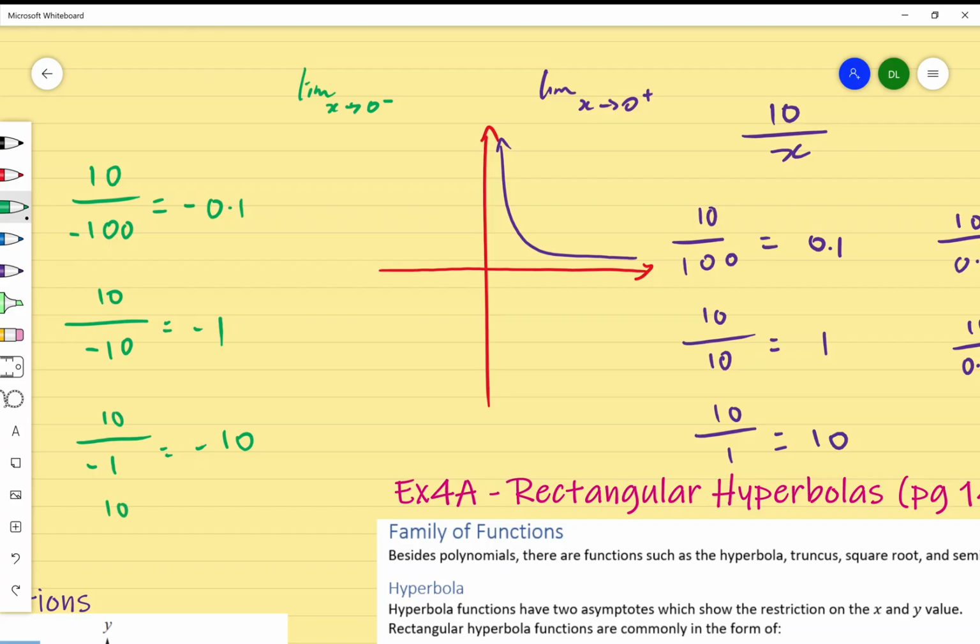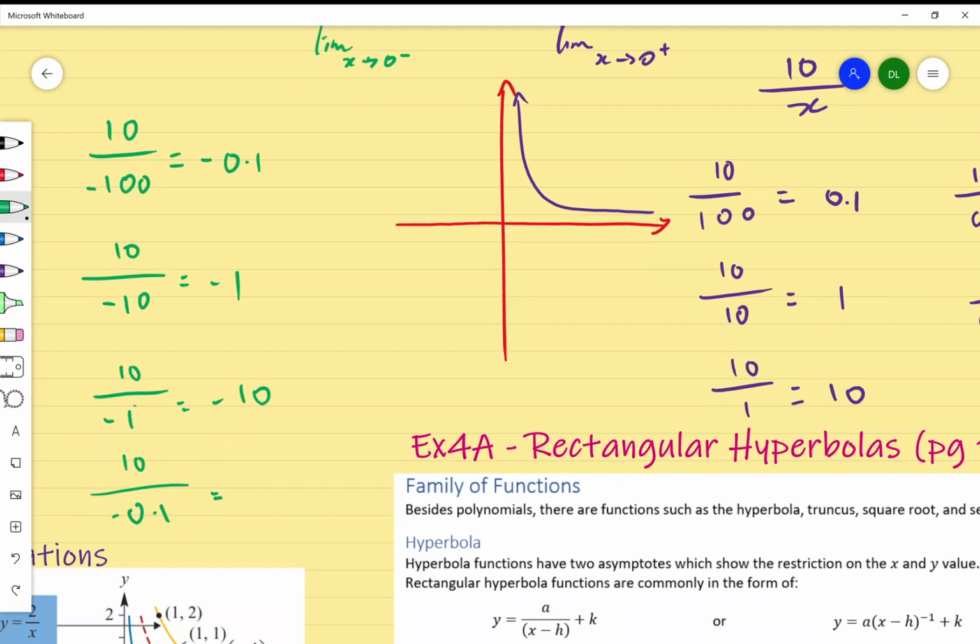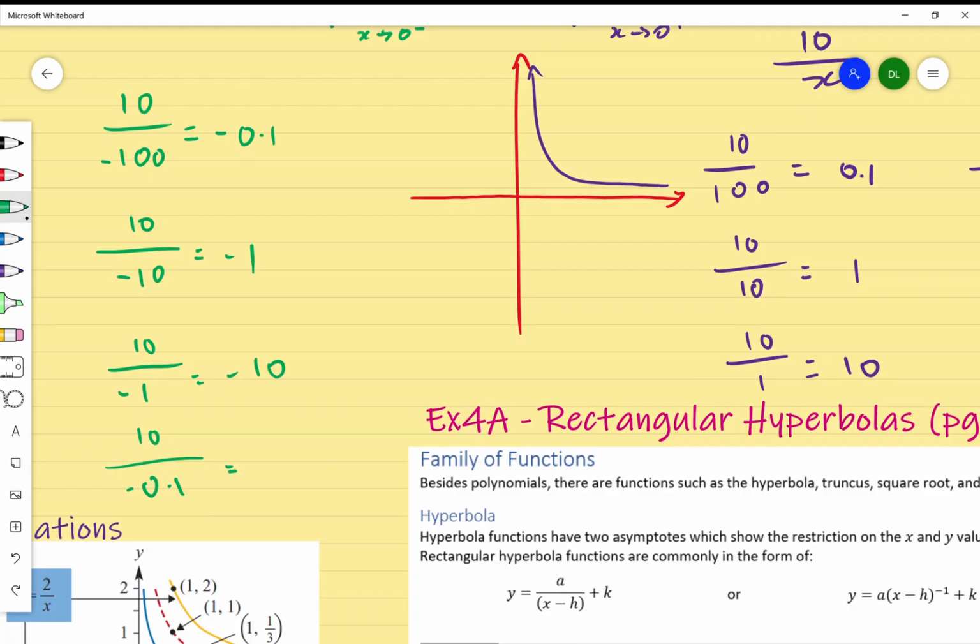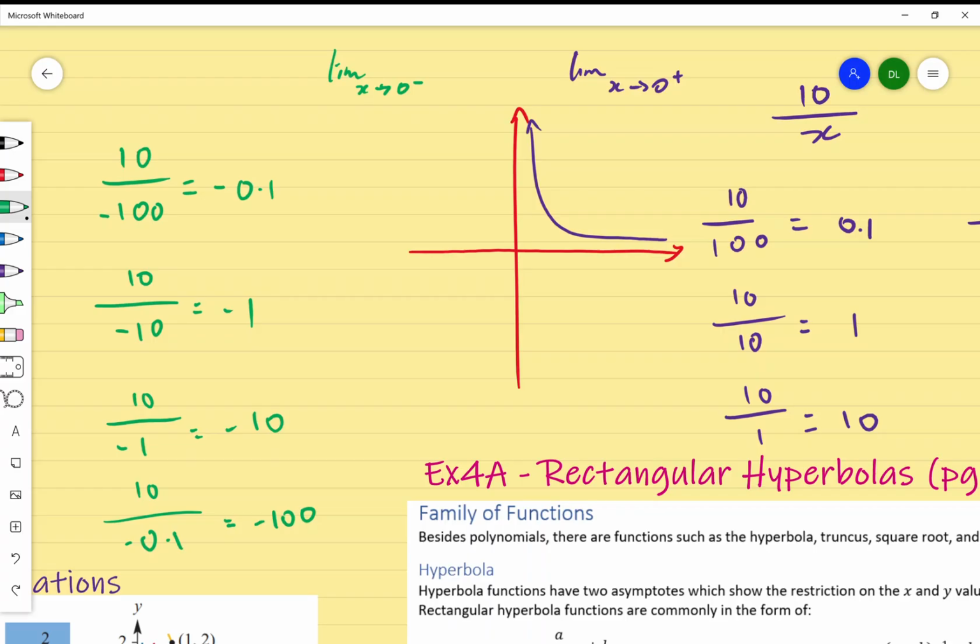As I keep decreasing my denominator, 10 over negative 0.1 becomes more and more negative, negative 100. As I get closer to x equals 0 from the negative end, we have a function that actually looks something like this.